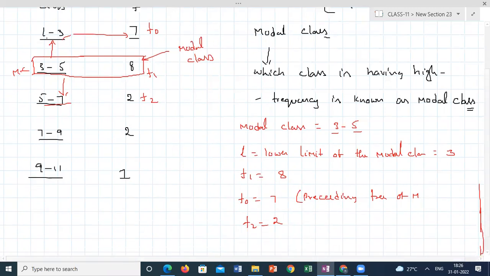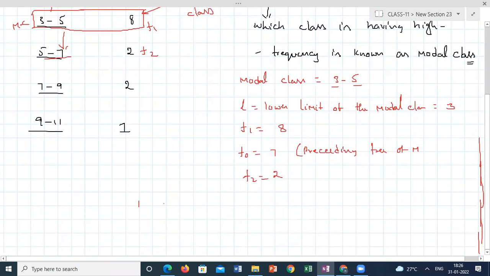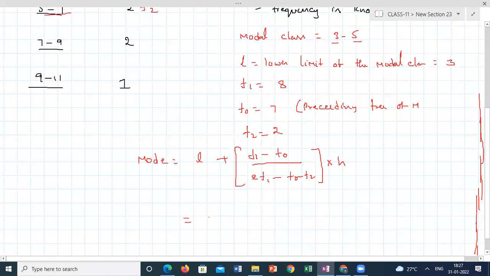Substitute the values in the formula. So mode is equal to L plus (F1 minus F0) by (2F1 minus F0 minus F2), into H. What is the L value here? 3. 3 plus (8 minus 7) divided by (2 into 8 minus 7 minus 2).